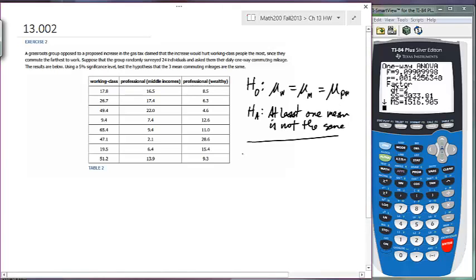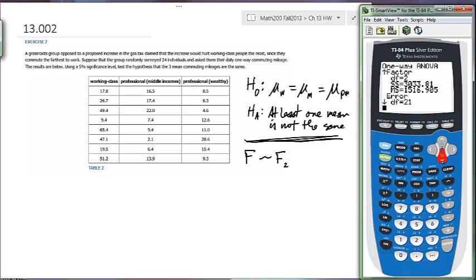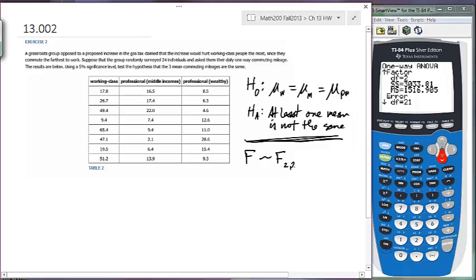Your distribution is going to be the F distribution, and the distribution is based on the degrees of freedom. The first degree of freedom is for the numerator, and if you scroll down, we have the degree of freedom for the denominator. So the F distribution is denoted by F with 2 and 21 degrees of freedom.